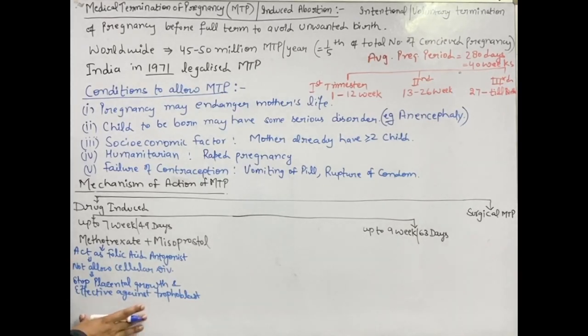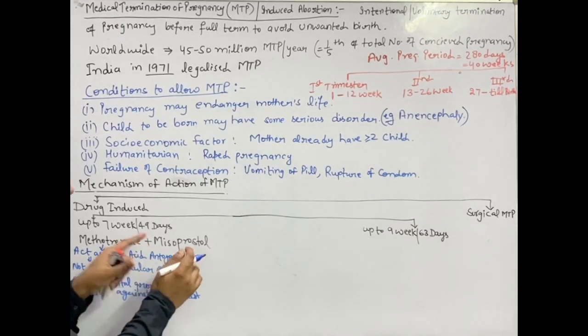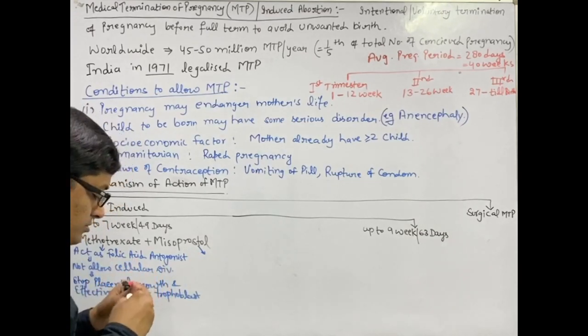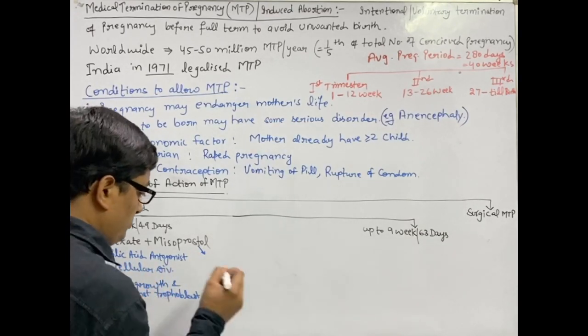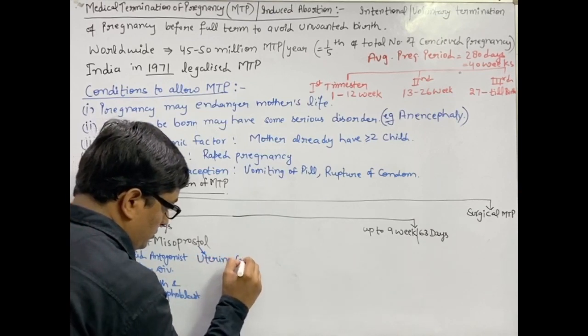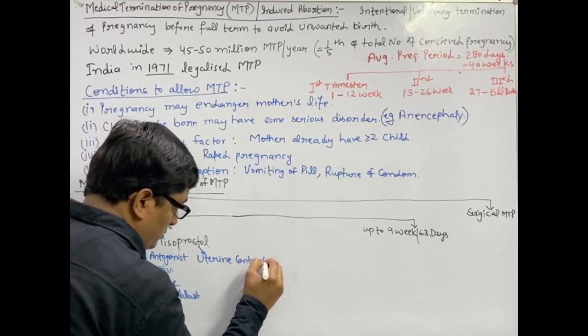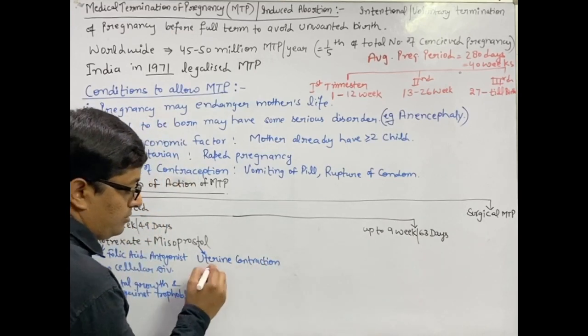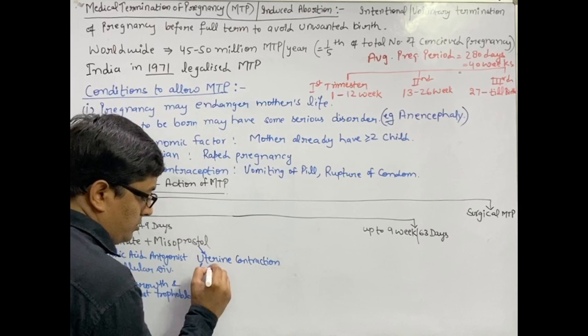This misoprostol causes the uterine contraction and causes the endometrium rupturing.